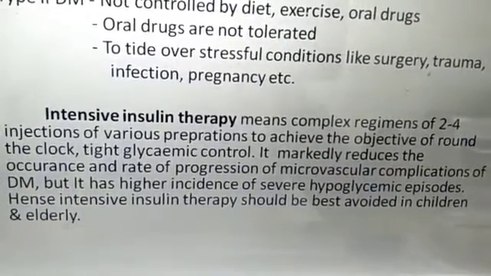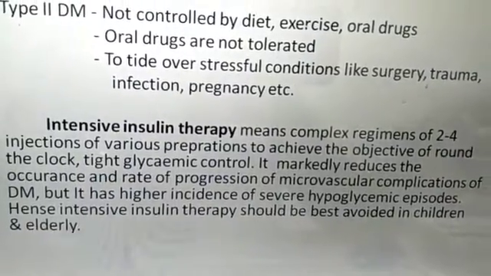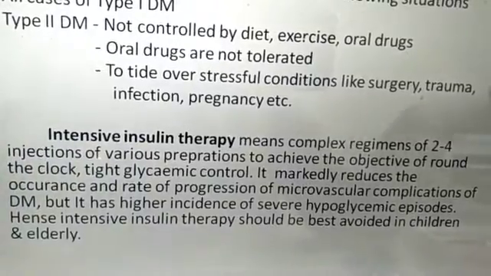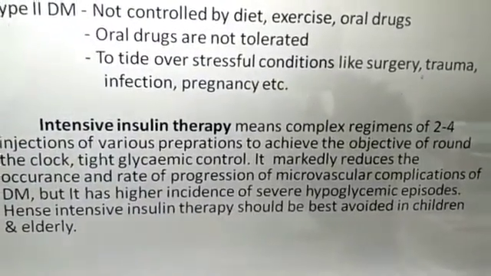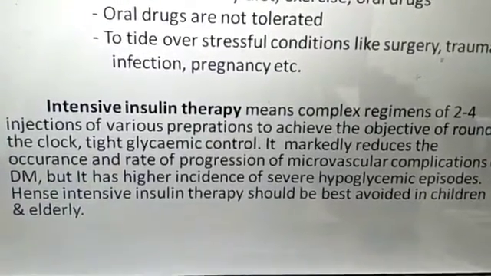For that, various preparations are used, some long acting, some short acting depending upon the meals, and multiple times the blood glucose levels are checked. So this is tight glycemic control.